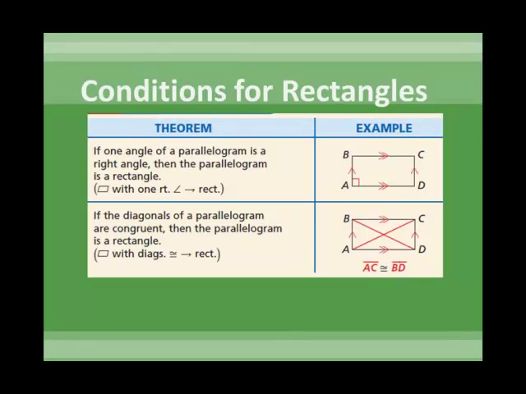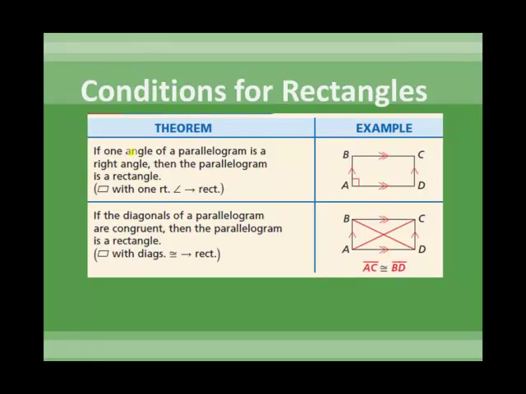The first shape we're going to look at is rectangles. What are the conditions that need to be true in order to have a rectangle? The first condition is that if one angle of a parallelogram is a right angle, then the parallelogram is a rectangle.